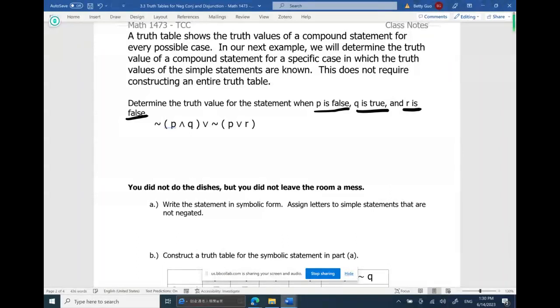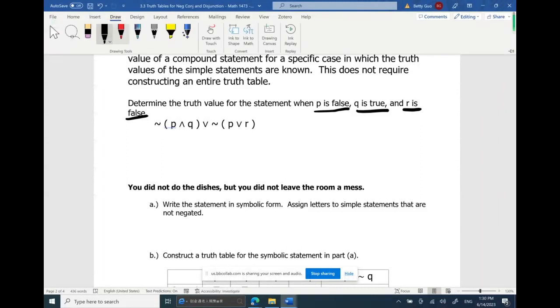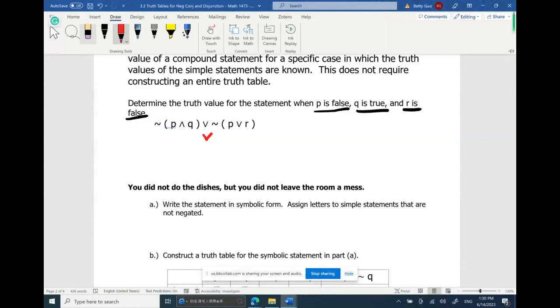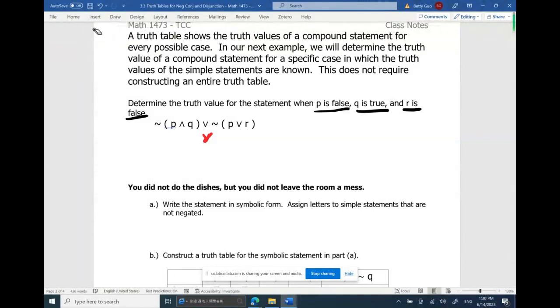If you are an architect, it's very important to see the structure of the buildings. Same with us as we learn algebra. It is very important to see the structure of a given expression. And look at this one. This is a disjunction.